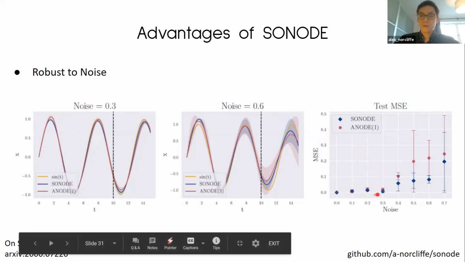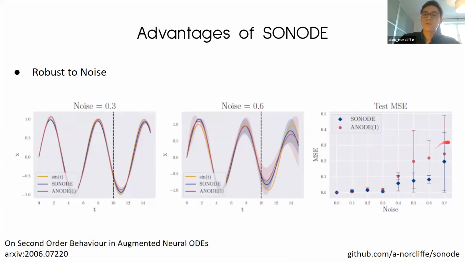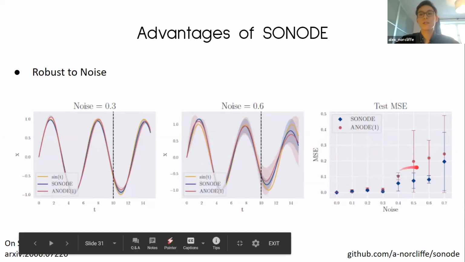And as we can see from this figure here, as the noise gets larger, SONODE is able to keep the loss down, but ANODE's grows. And actually, by the time we're at 0.7, these sine curves only have an amplitude of 1. So by the time we're at 0.7, that's very noisy data. So I'd focus more around here, which is where it's winning.